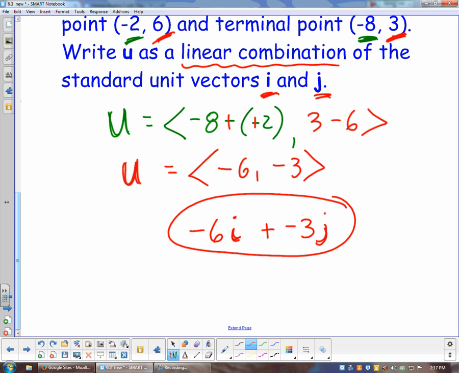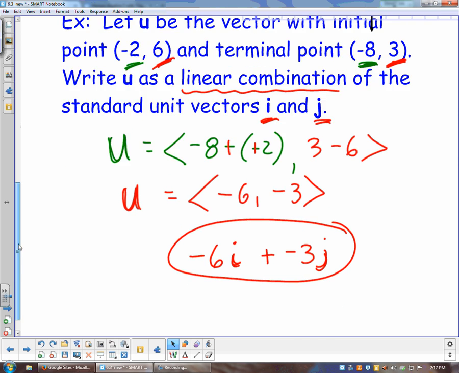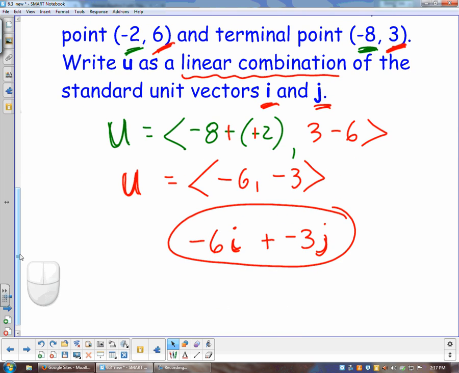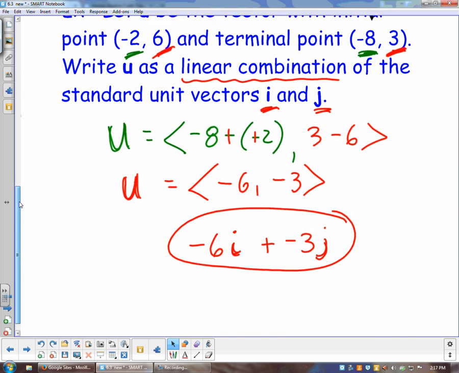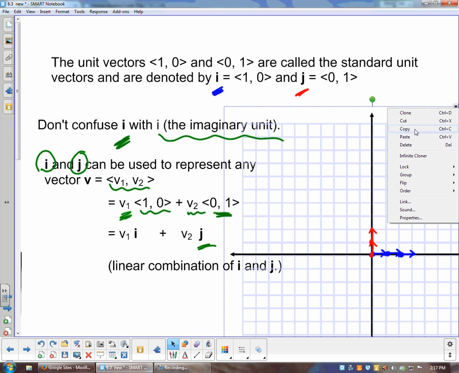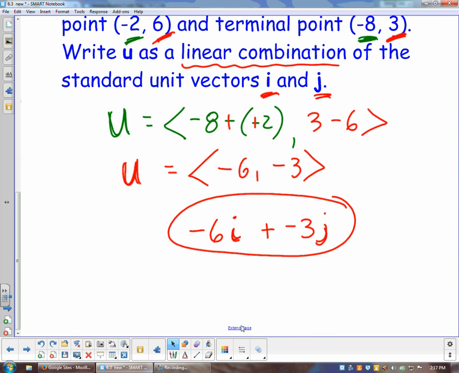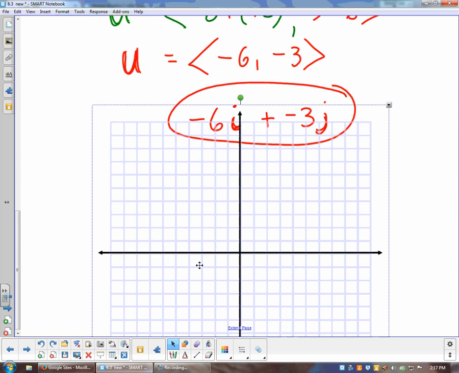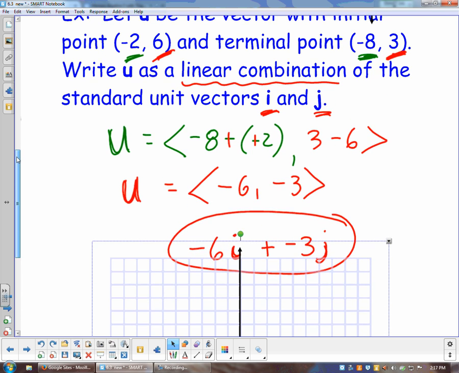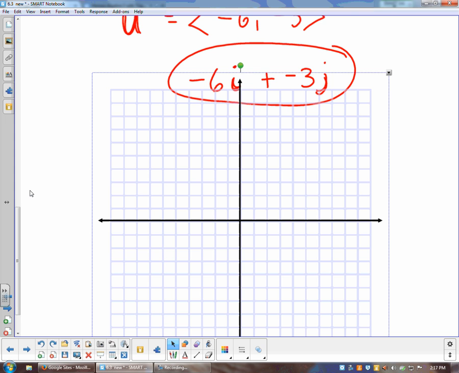And if I can have a graph to kind of demonstrate this, I do have this graph. Okay, so on this graph, I want to plot -2, 6 and -8, 3. -2, 6 is here, and -8, 3 is here.